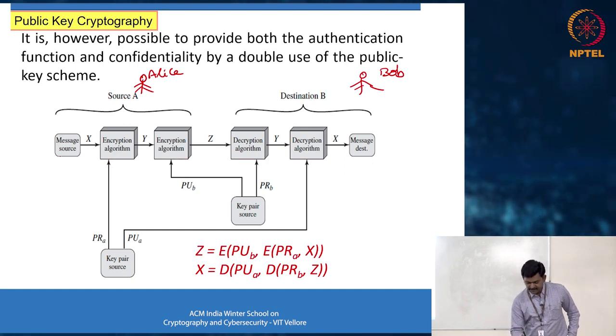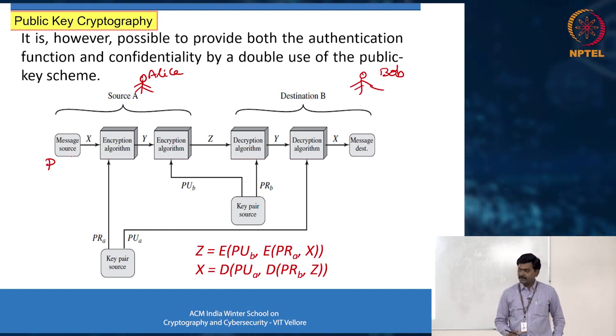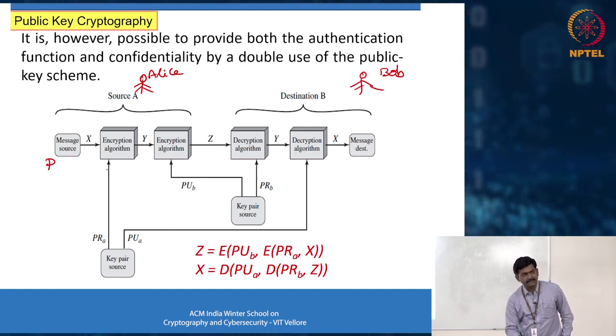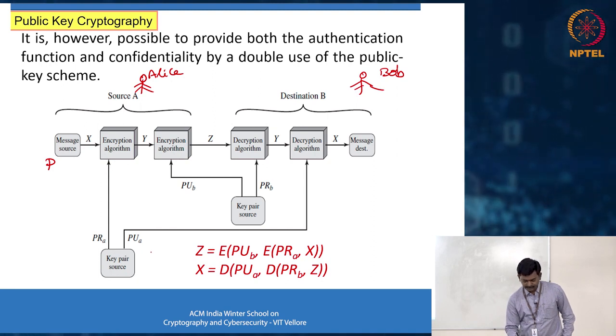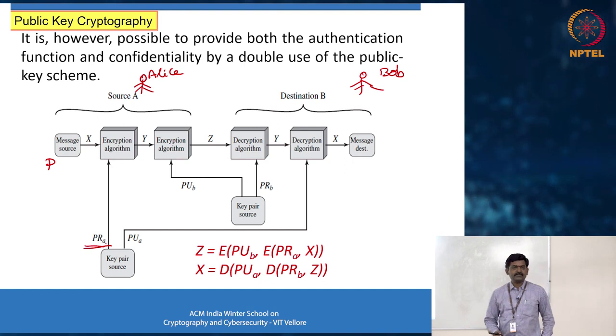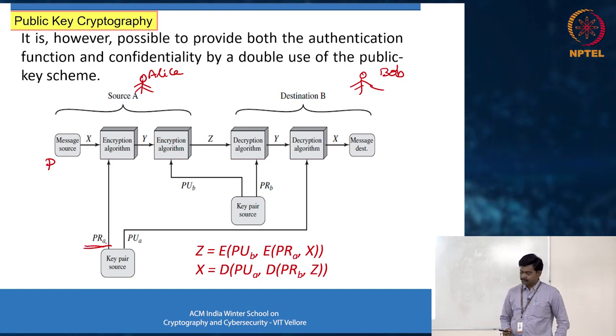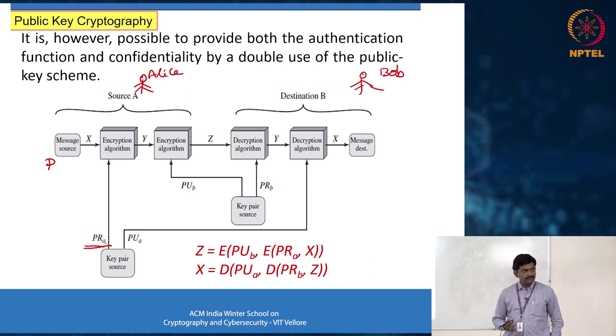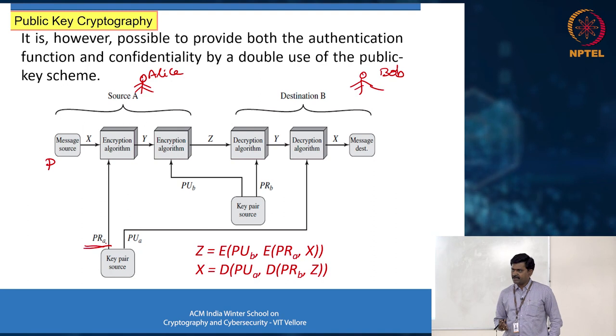Your message, say as an example, is P. The message is encrypted with the help of the private key of the sender, which is known to the sender.